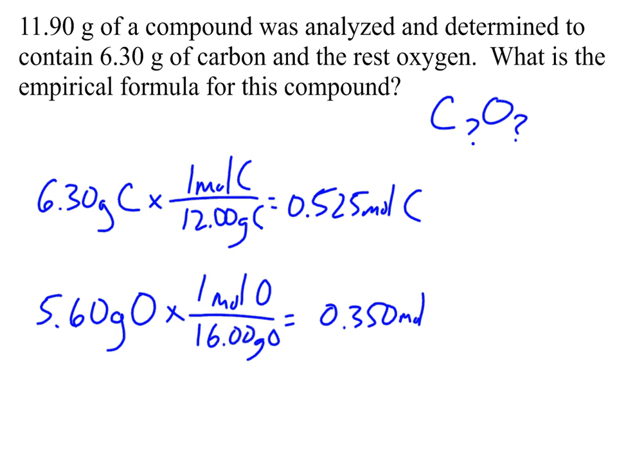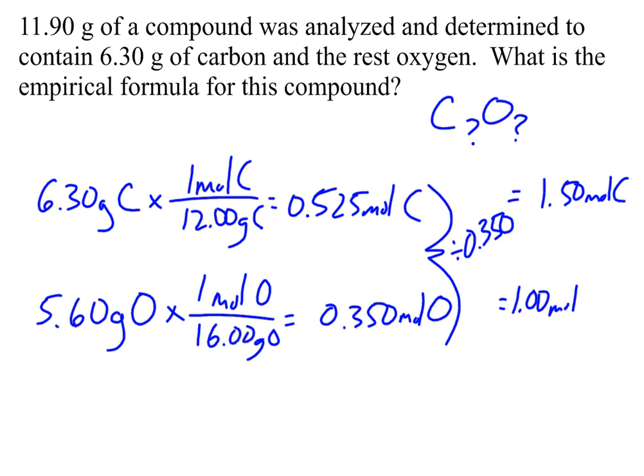Again, remember from the last problem, our first step is to divide by the smallest number of moles, which in this case is the oxygen. So we're going to divide by 0.350. The carbon is going to come out to 1.50 moles of carbon. And of course, the oxygen will come out to 1.00 moles of oxygen.